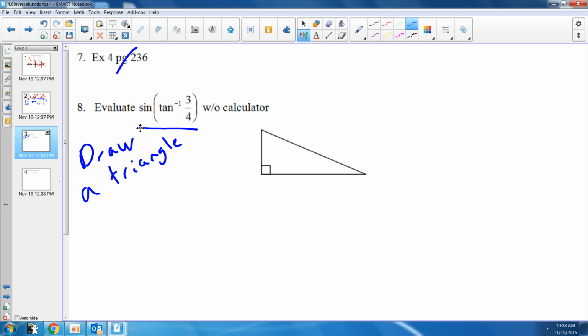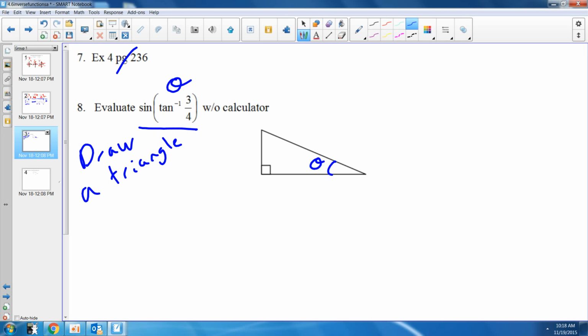You don't care what your angle is. Remember, an inverse function is really an angle. You don't care what your theta is. You just want to use theta to get the sine of theta. So because you don't care what theta is, you can make a triangle and put in theta here.